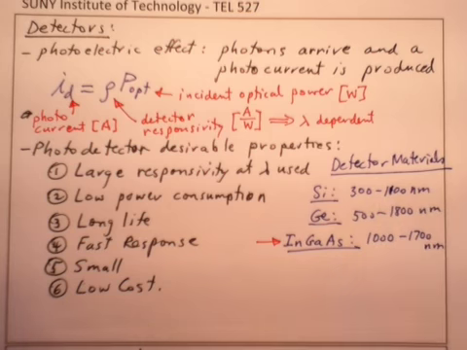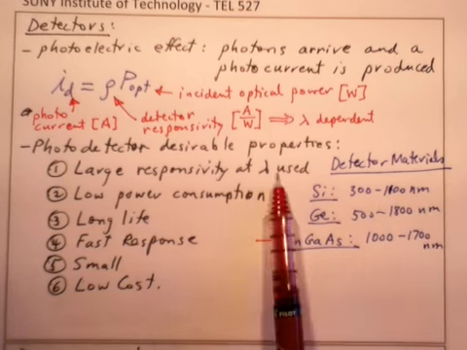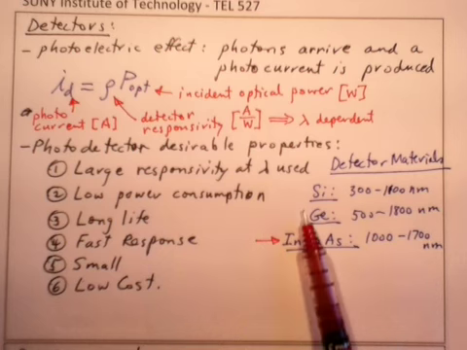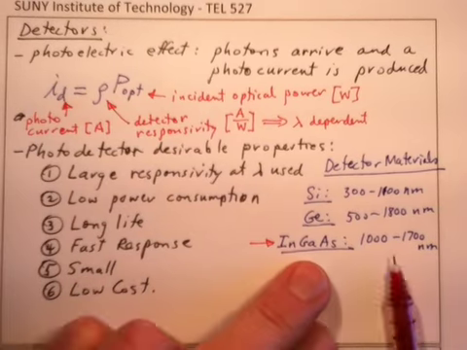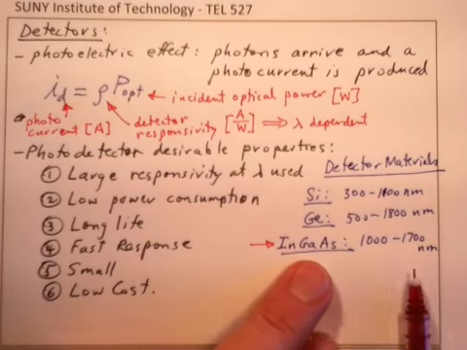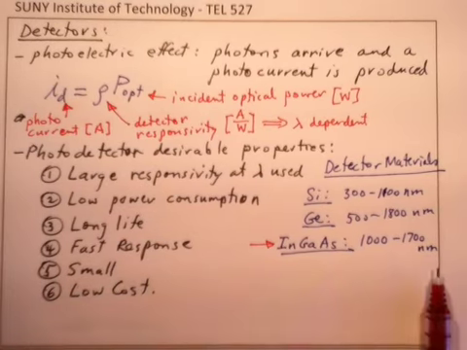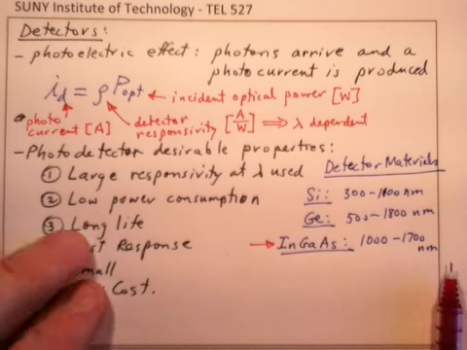So the responsivity is wavelength dependent through the material system, and you can actually draw a graph of the responsivity as a function of wavelength. It generally falls off below a certain wavelength based on the properties of the material, that is the work function.